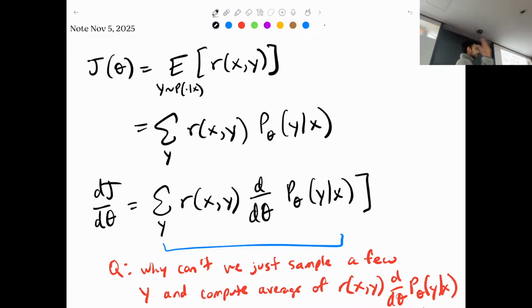We could just compute the reward and differentiate directly through the y, right? So this y here is what is produced by our model. However, we already talked about the sampling process for y making it non-differentiable.